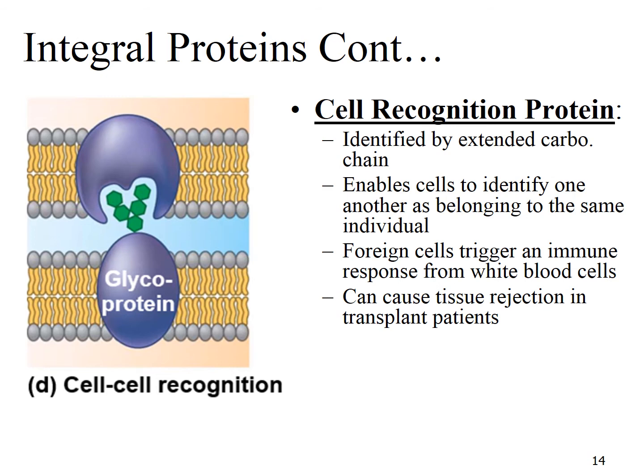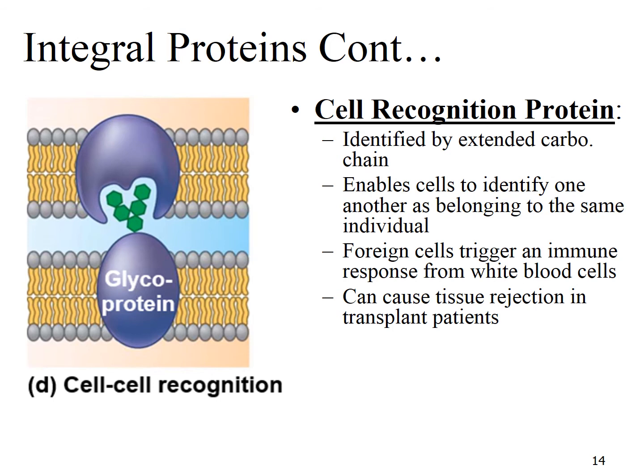And the carbohydrate chains that are attached to those globular proteins, sometimes they'll call them a glycoprotein, basically are unique to that individual. And that allows this almost like a fingerprint, and provides that organism the ability to identify that cell as belonging to that individual.